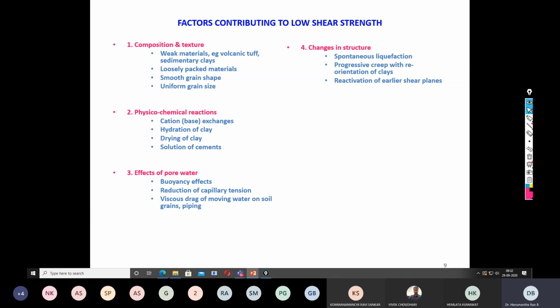Okay, so even if there is a decrease in the shear strength, in the factor of safety, or conversely, if there is a decrease in the shear strength of the soil itself, still there is a possibility of decrease in the factor of safety.